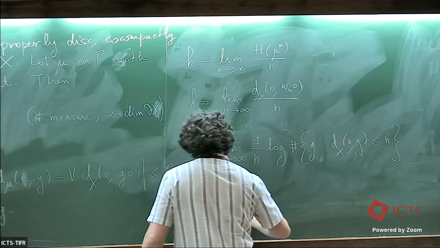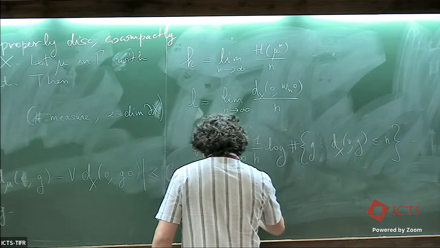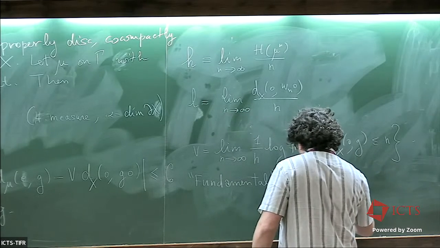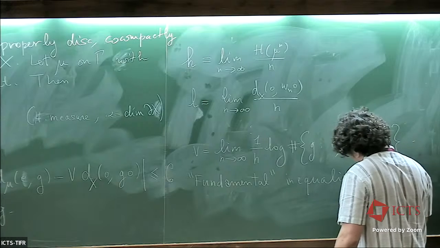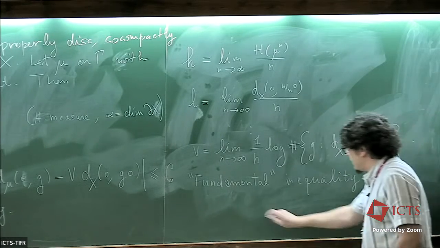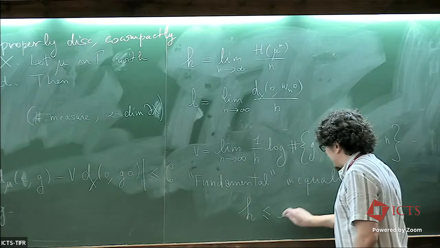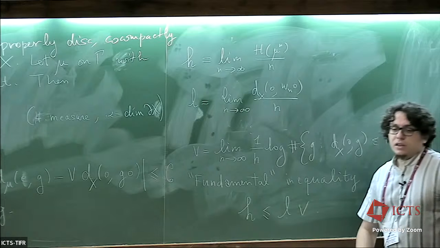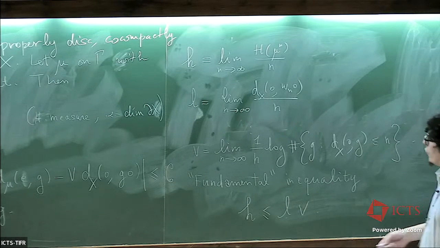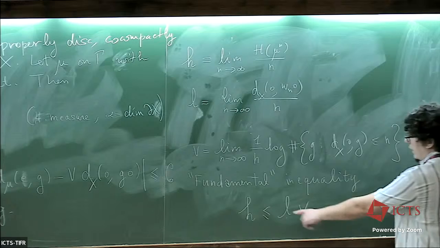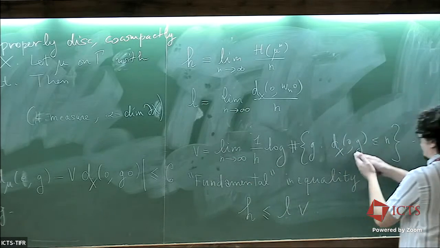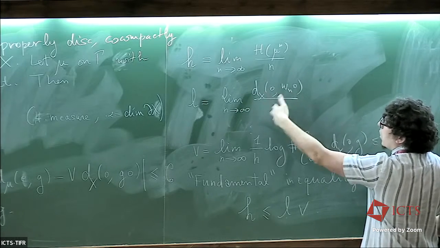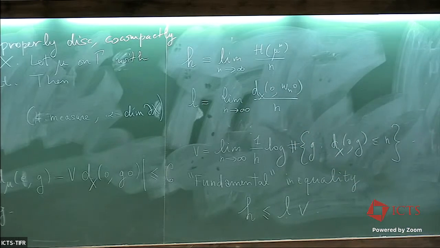And then there is this inequality, called by Vershik the fundamental inequality, which is, again, a convexity inequality, kind of like Jensen: h is always less than or equal to l times v, as soon as these three quantities are finite. So for instance, it's enough to assume that the volume growth is finite and that the measure has some moment condition, for instance finite first moment, such that this is also finite.